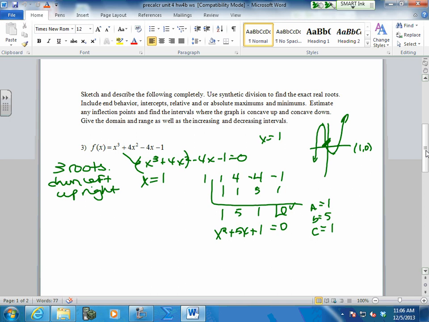I add my x's and take the average, divide by 2, find my inflection. I want increasing, decreasing. What's the domain for this guy? All real numbers. What's the range? All real numbers. And so then you're going to find me the rest: the maximums, the minimums, the increasing, the decreasing, and your inflection points.